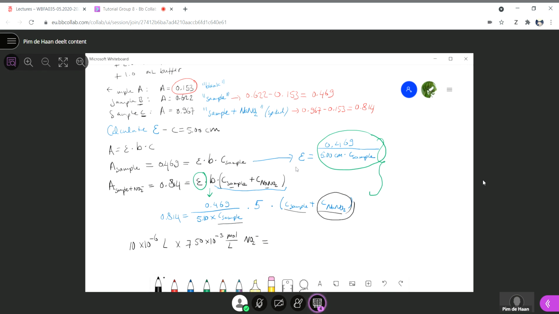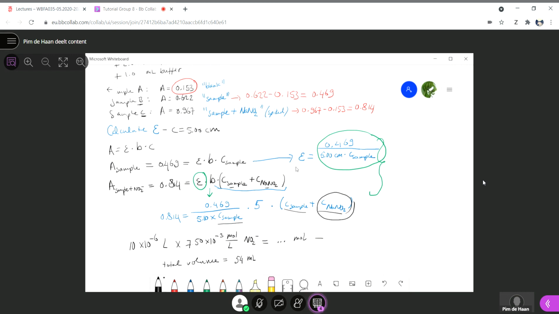And then we find that this is, look at the answers here. Okay, so this is a certain number of moles. And then the total volume is 50 plus 1 plus 2 plus 1 is 54 milliliters, right?